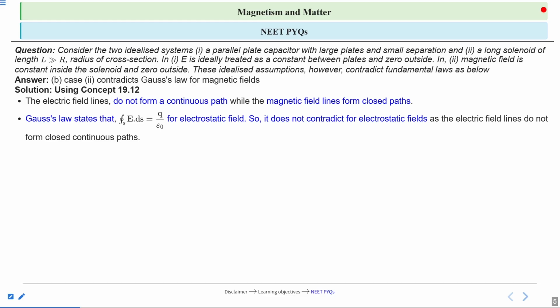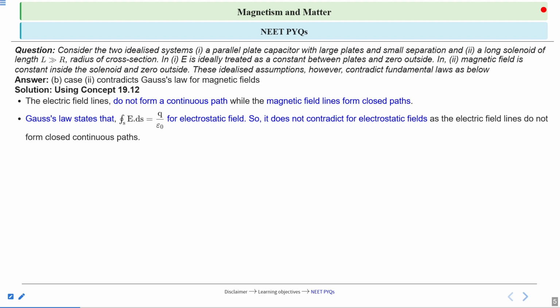Okay, so if we are assuming a surface that is enclosing any plate of the capacitor, it will result in Q enclosed by epsilon naught. So electric field lines are not forming closed loops. So electric flux through any closed surface is not necessarily zero. And electric field lines do not exist outside the capacitor plates.